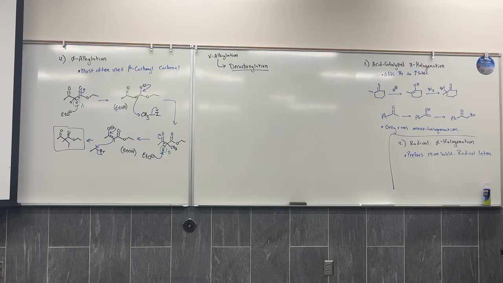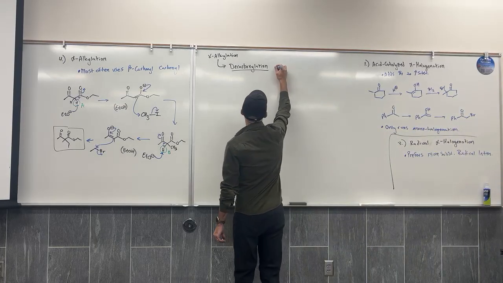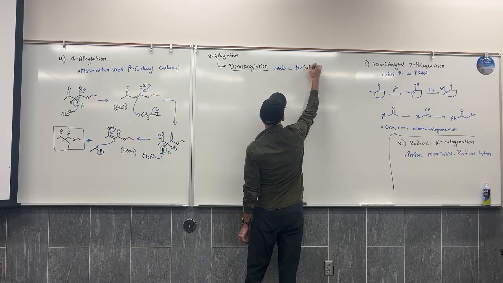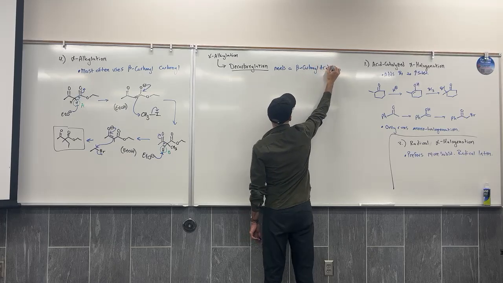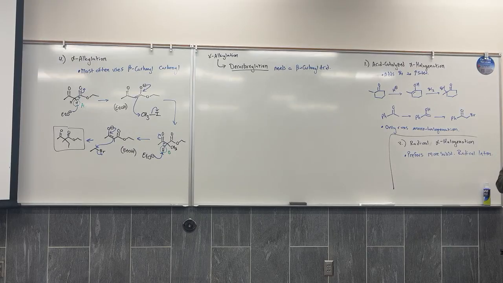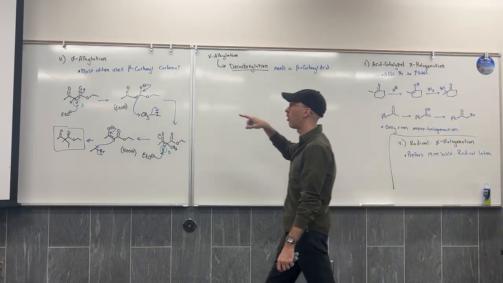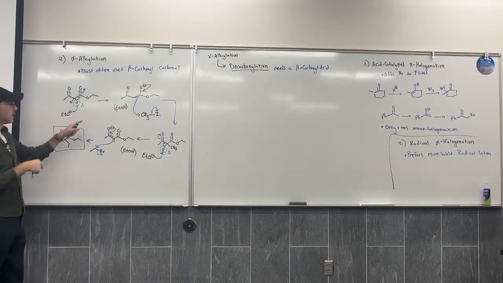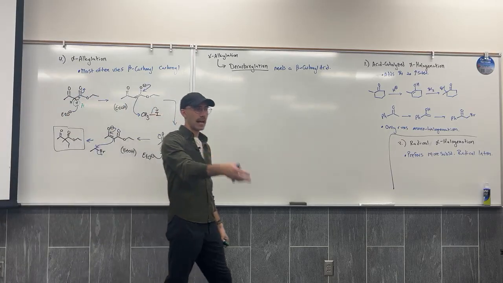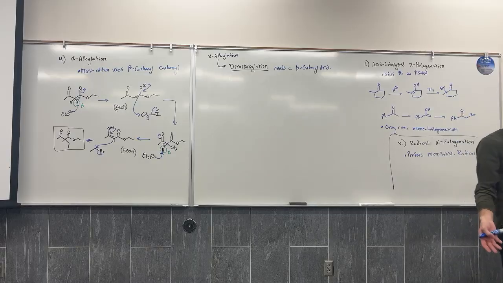This is decarboxylation. Decarboxylation occurs when you have a beta carbonyl acid and you heat it. Well, what we were using for our alpha alkylation was not an acid, it was a beta keto ester. So we would have to first hydrolyze the ester into an acid, and then we can decarboxylate it.